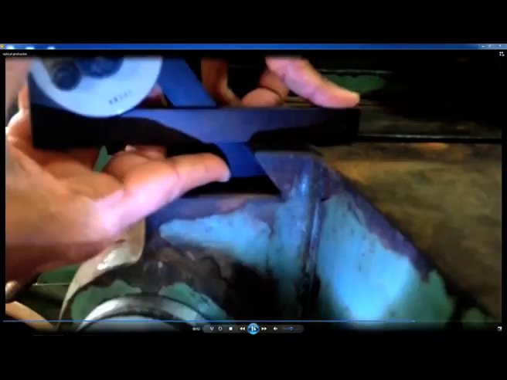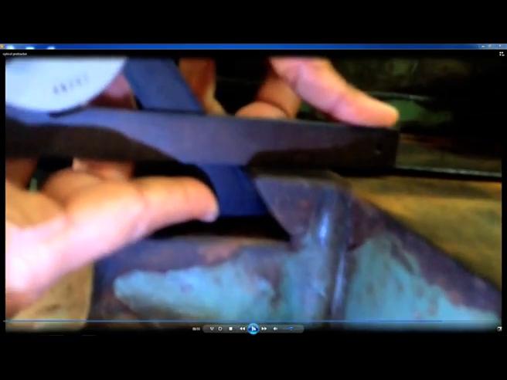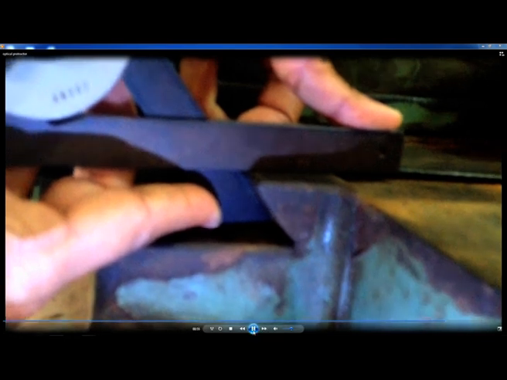Intimate contact is very essential to get the proper readings. Now, you can see the intimate contact between the surfaces and the blade surfaces.